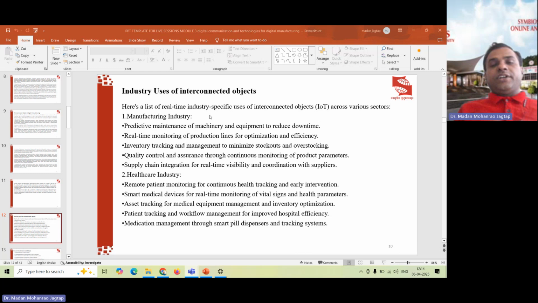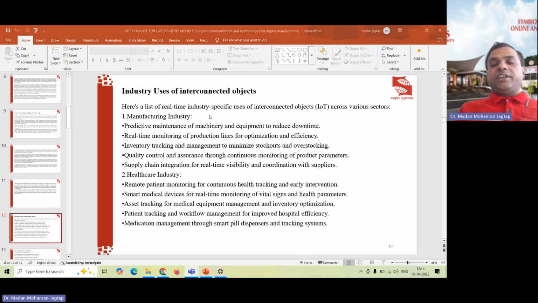Then quality control and assurance through continuous monitoring of product parameters. That is the fourth use. Then supply chain integration for real-time visibility and coordination with suppliers. That is the fifth use. So in a manufacturing industry, we can achieve predictive maintenance, real-time monitoring, inventory tracking, quality control and assurance, and supply chain integration through interconnected objects.